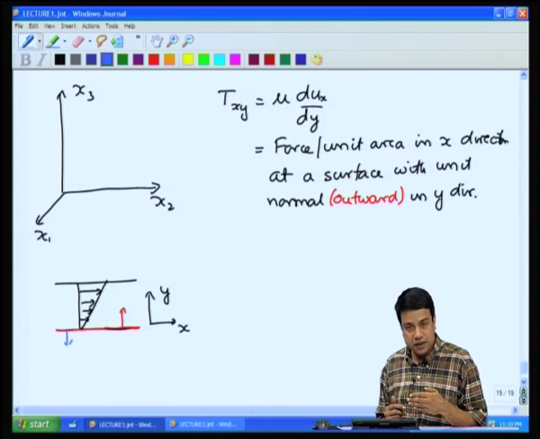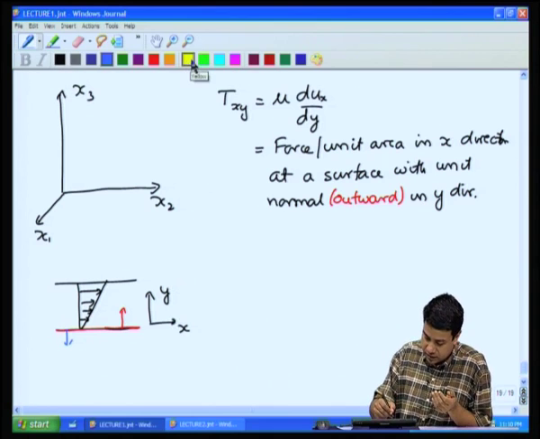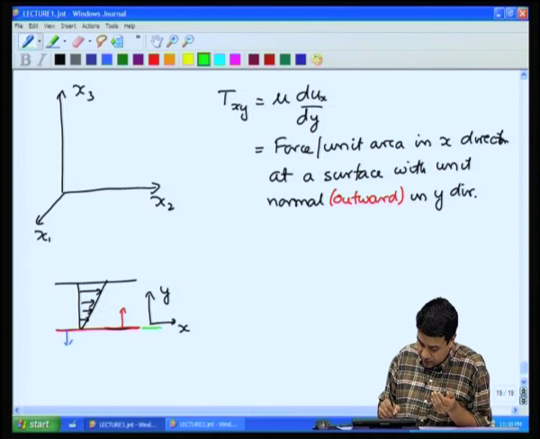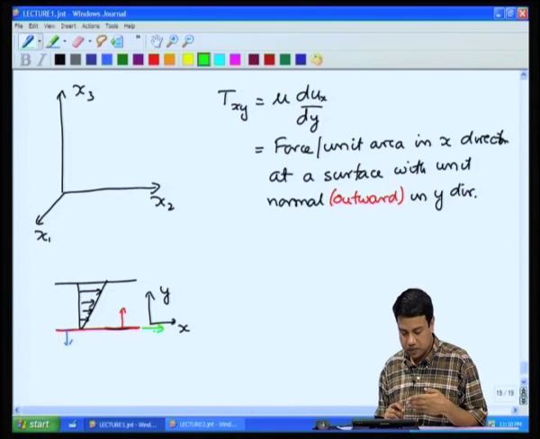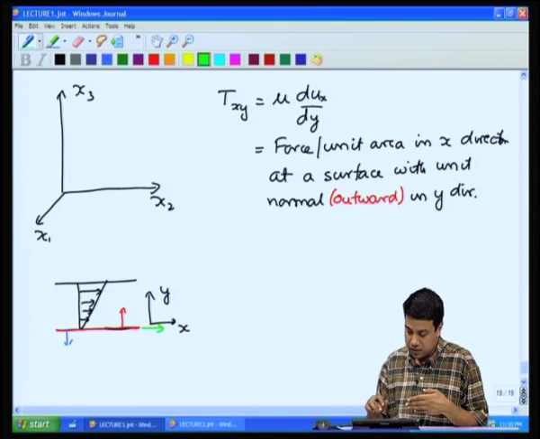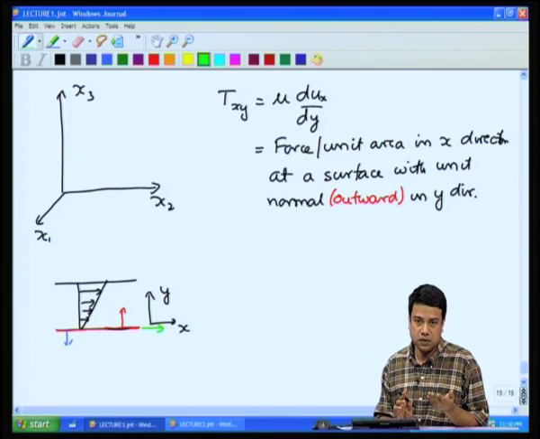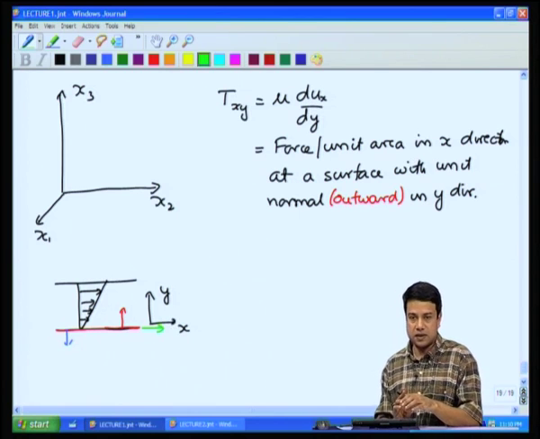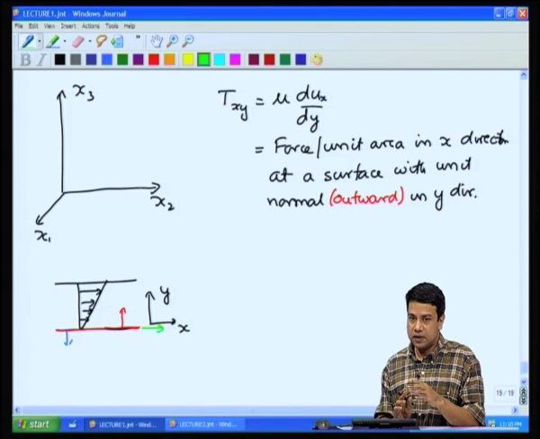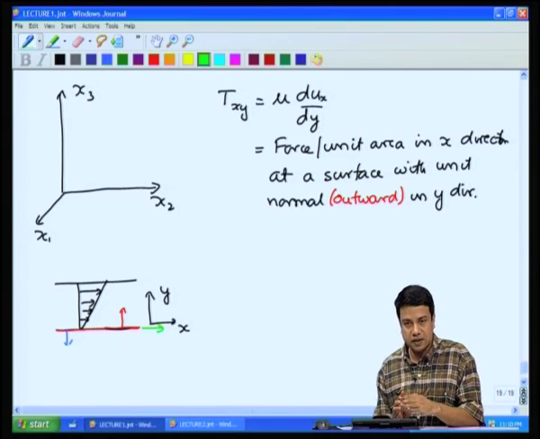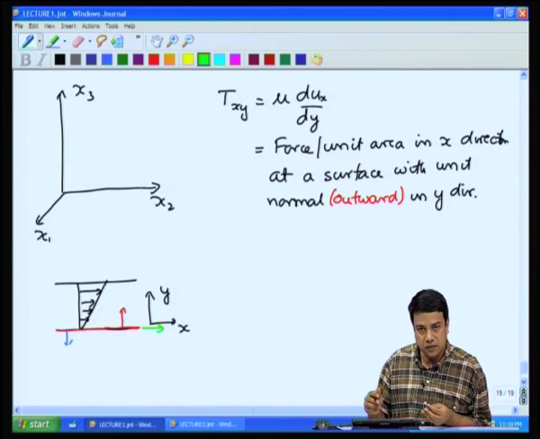So, the force in this x direction acting at a surface whose outward unit normal is in the y direction, the force per unit area, is the stress tensor. There are two directions associated with this quantity called the stress. One is the direction of the force exerted on the surface. The force of course depends upon the orientation of the surface, which is the second direction.